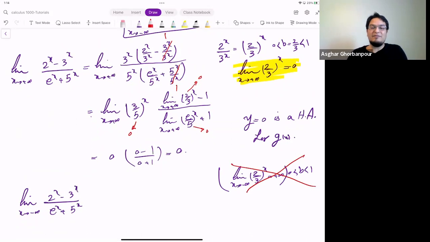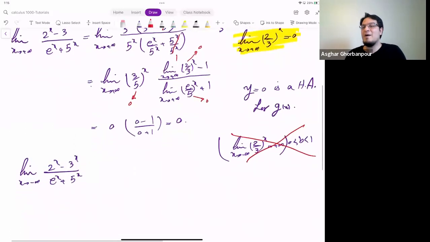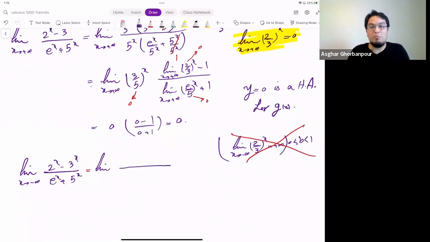That means that factoring out the exponential term with the highest base is not going to work here. We have to do the other way around. This time, we are factoring out the exponential term with the smallest base. So this will be 2^x, e^x, this will be 1. I'm just writing a little bit faster here.